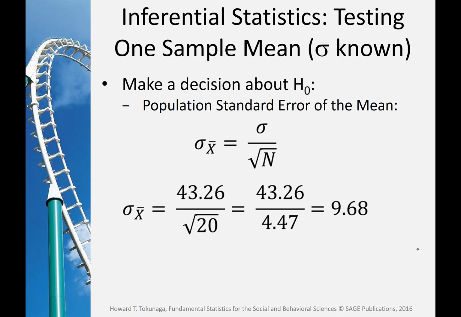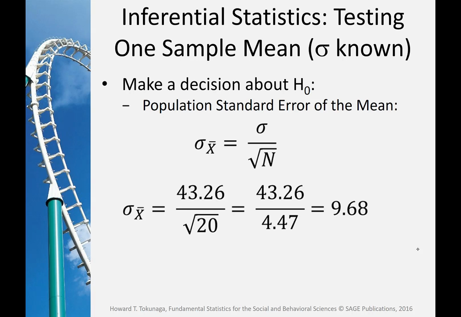So the standard error of the mean is the population variance divided by the square root of n, where n is our sample size. Okay?